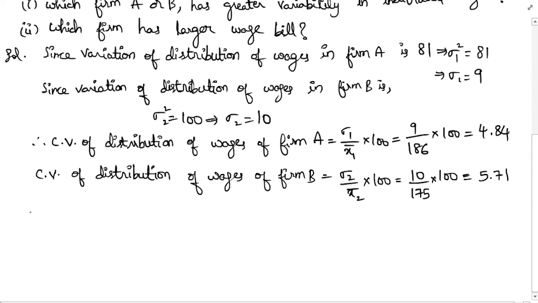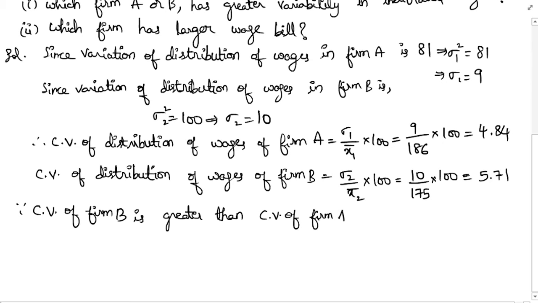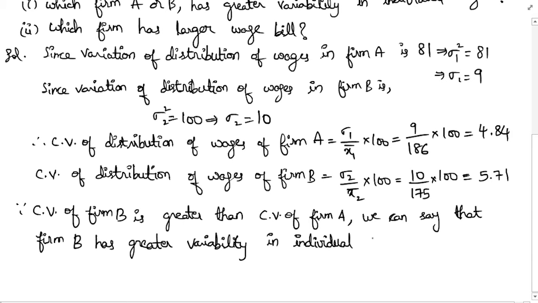Since the CV of firm B is greater than the CV of firm A, we can say that firm B has greater variability in individual wages. So this was our first bit.